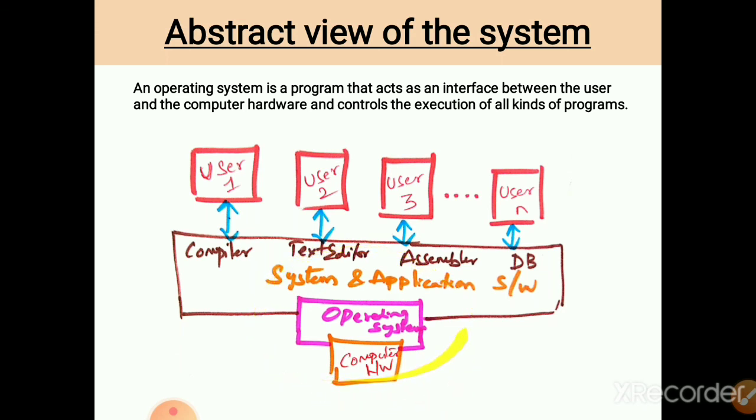The application program may be any program, such as a compiler, needed to run programs. These application programs are already installed in the system. Is it clear? This is the abstract view of a system.